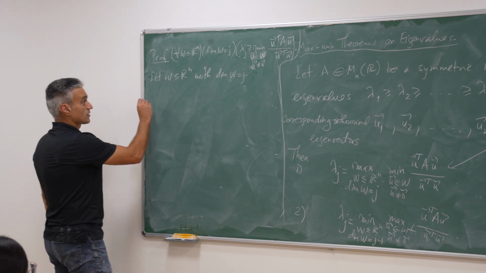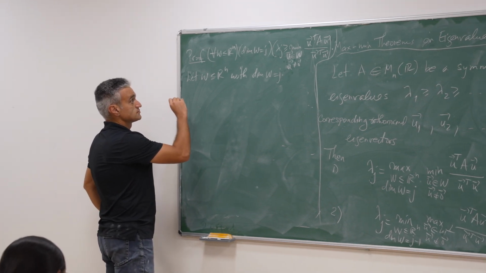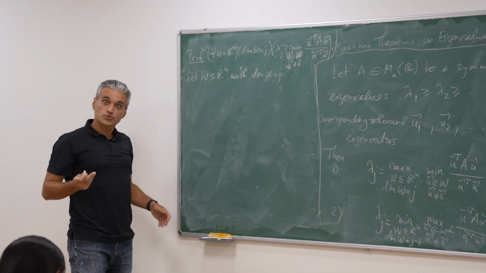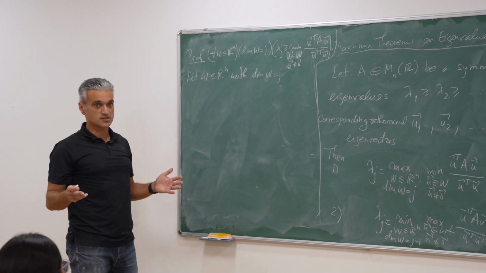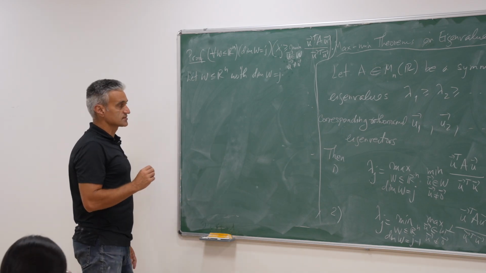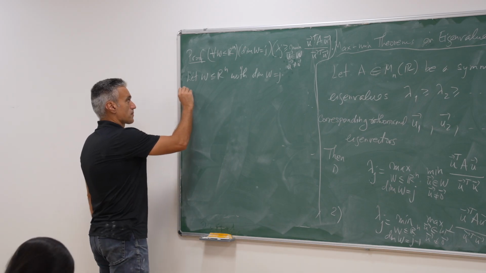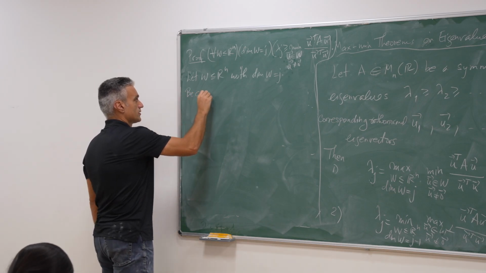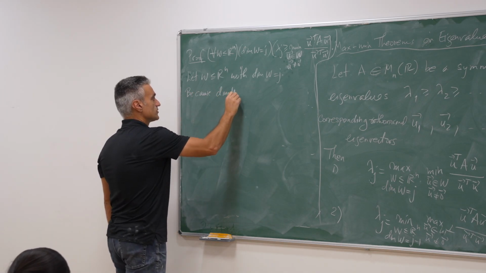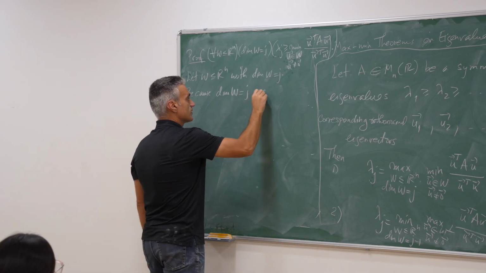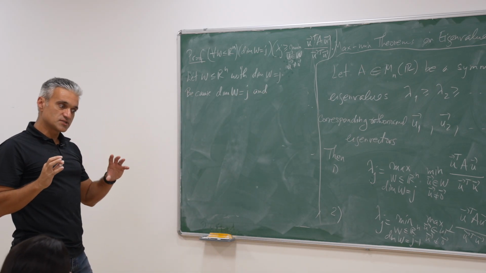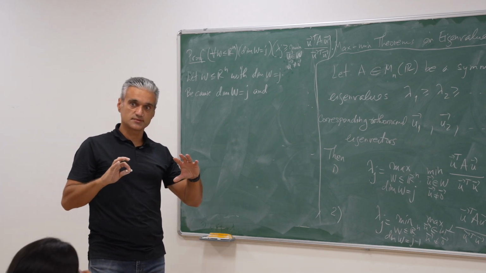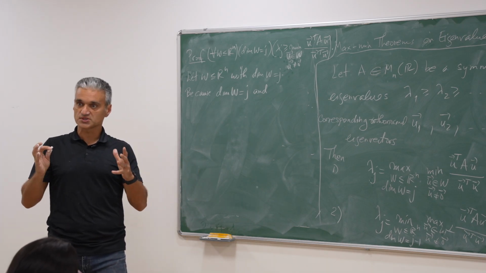So that's what we're gonna do. Okay? How do we find it? Well, this is a game of dimensions. It's a dimension argument. Because the dimension of W is j, and so again, you see lambda j plays two roles at the same time.